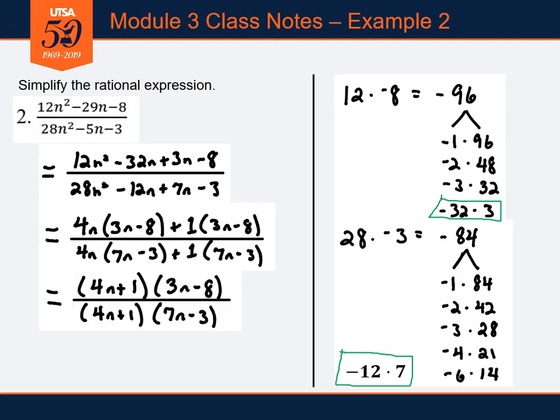Finishing factoring by grouping, we have 4n plus 1 times 3n minus 8 in the numerator, and 4n plus 1 times 7n minus 3 in the denominator. And I've got common factors that now reduce, 4n plus 1 in the numerator with 4n plus 1 in the denominator. What I have left is 3n minus 8 over 7n minus 3, and that's in simplified form.